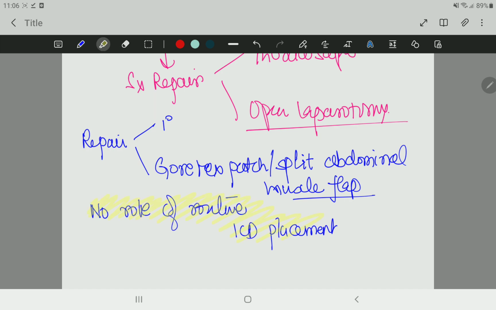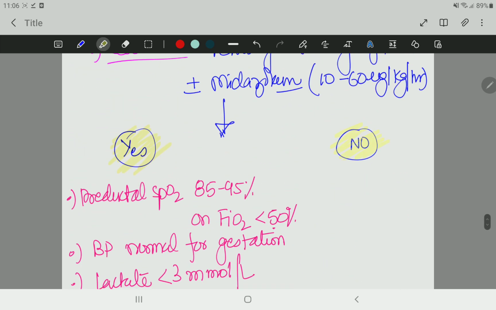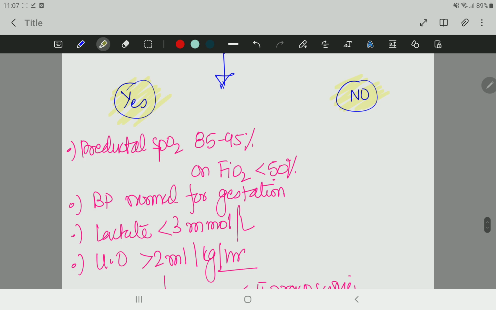But what happens if all these parameters are not achieved? Then here comes the role of ECMO.